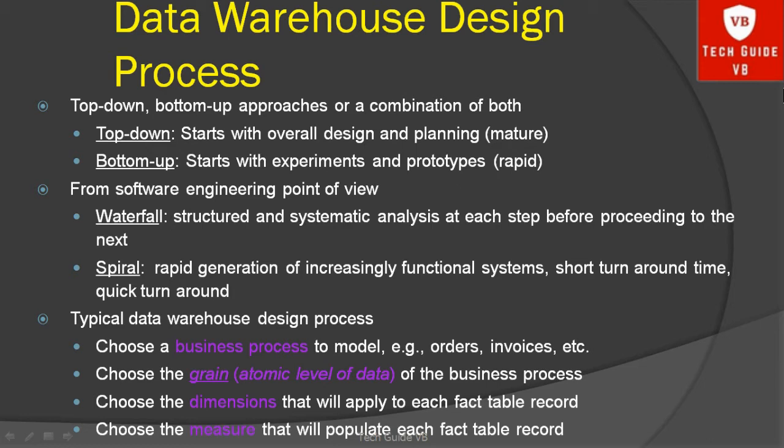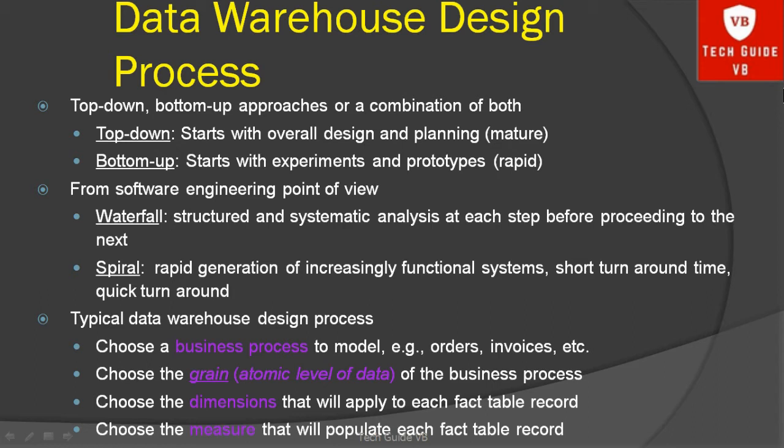We can use the top down, bottom up, or a combination of both approaches. The top down approach starts with overall design and planning, that is the mature approach, and bottom up starts with experiments and prototypes, and it is the rapid process. So we are going to use the combination of top down and bottom up.